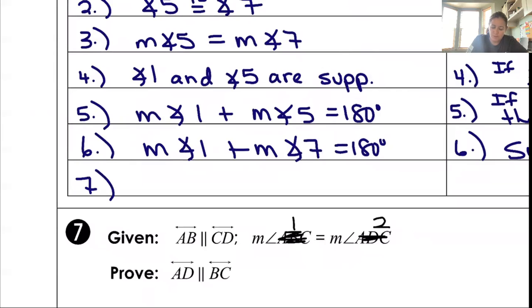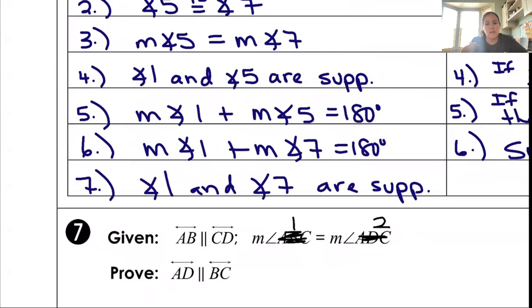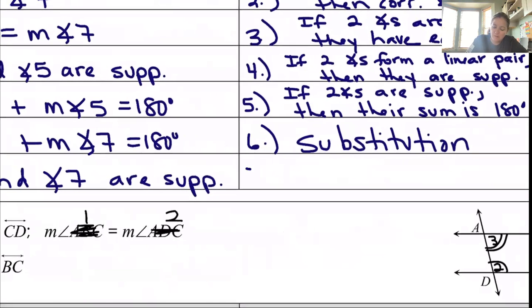And then the last one, angle 1 and angle 7 are supplementary. And that's using that definition of supplementary angles again, the other bullet. So if two angles have a sum of 180, then they are supplementary.